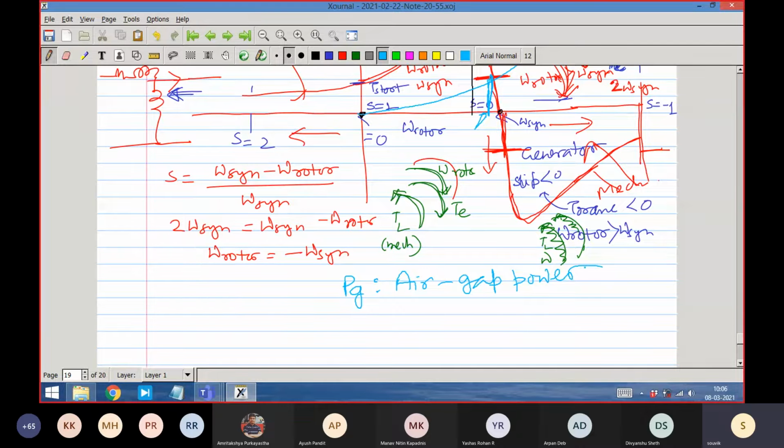PG into 1 minus S is actually the output power. So S into PG is the loss in the rotor, the rotor copper loss.